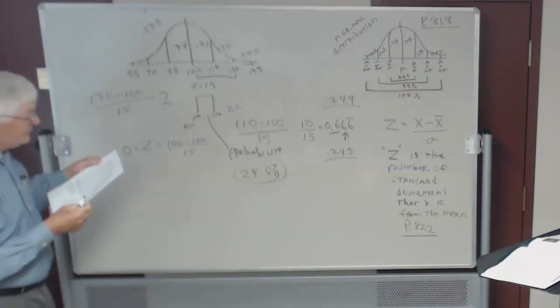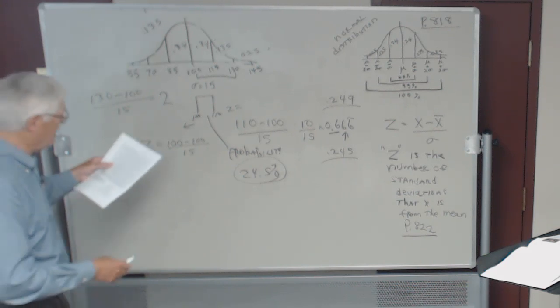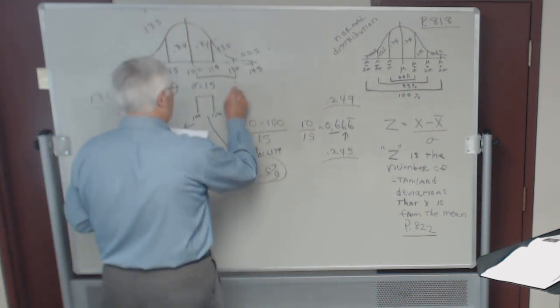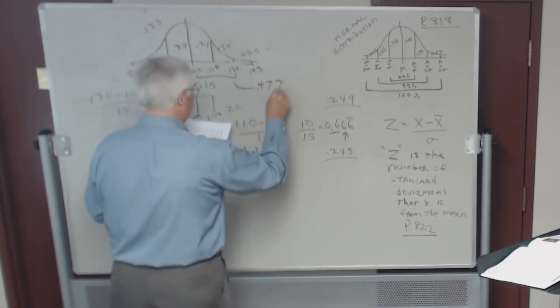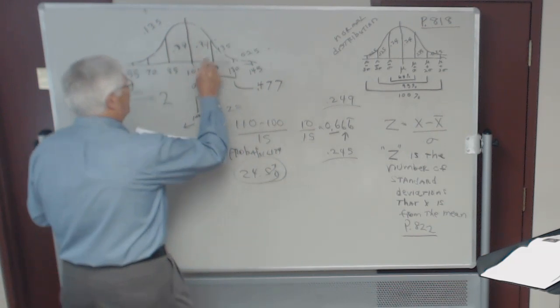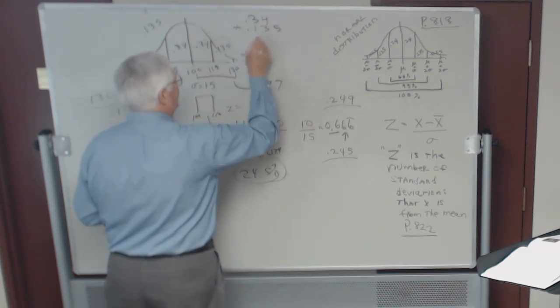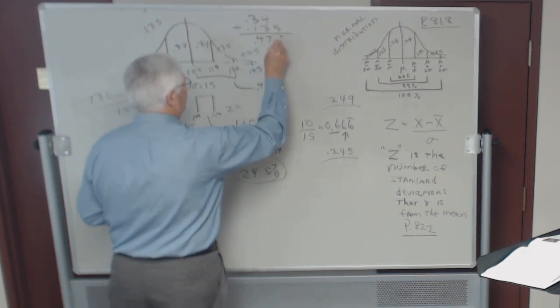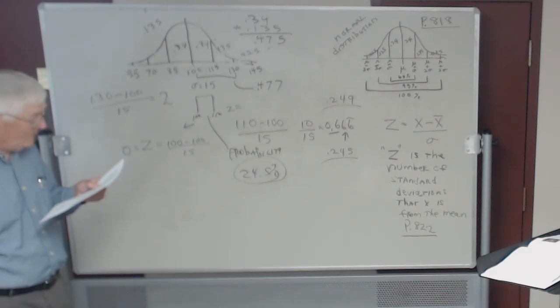So go down here to your chart and look at 2.00, and what do you get? 0.477. Okay, add 0.34 plus 0.135, and what do you get? 0.475. See that?